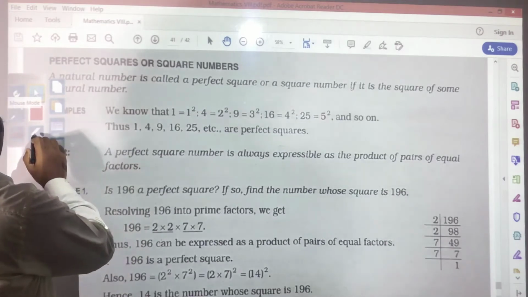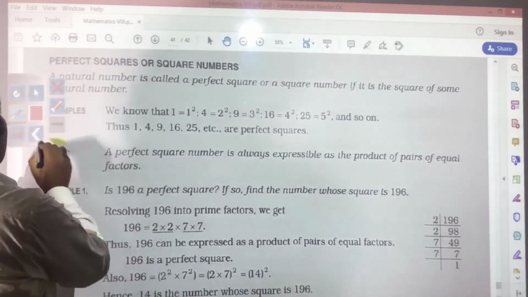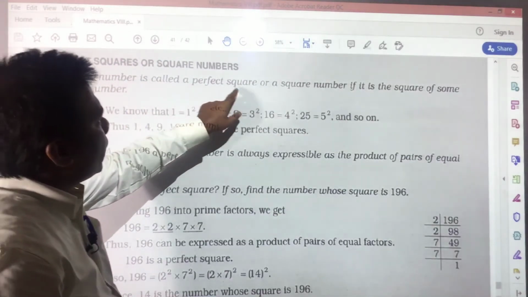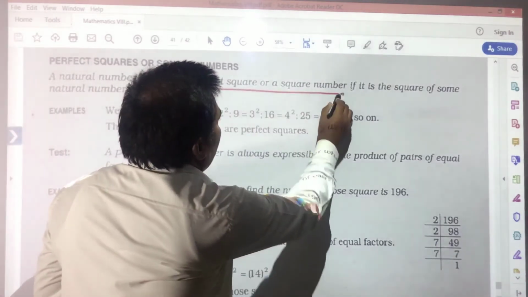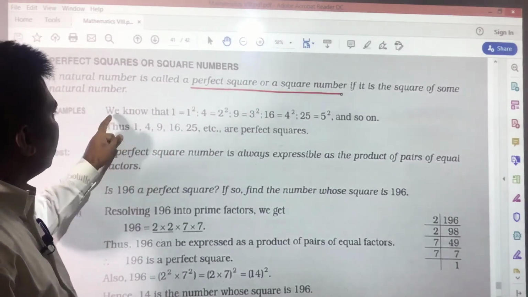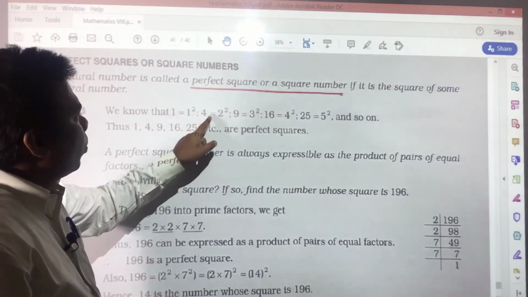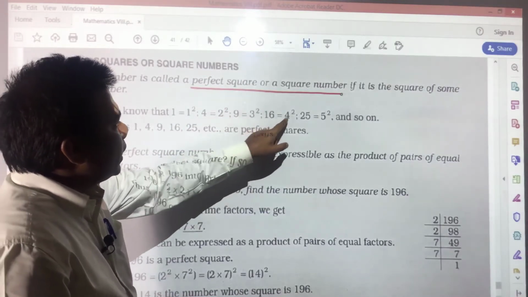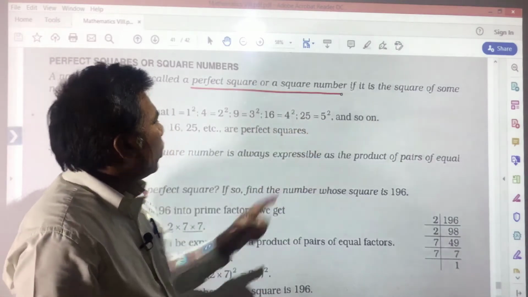Then you have perfect square. A natural number is called a perfect square or a square number if it is the square of some natural number. We know that 1 is equal to 1 square, 4 is equal to 2 square, 9 is equal to 3 square, 16 is equal to 4 square, 25 is equal to 5 square, and so on.